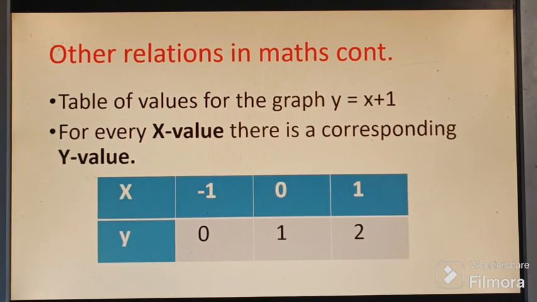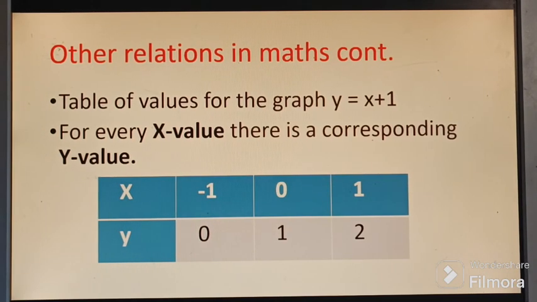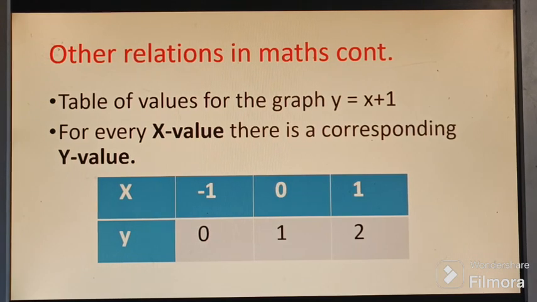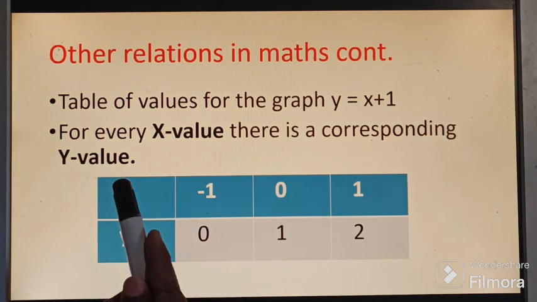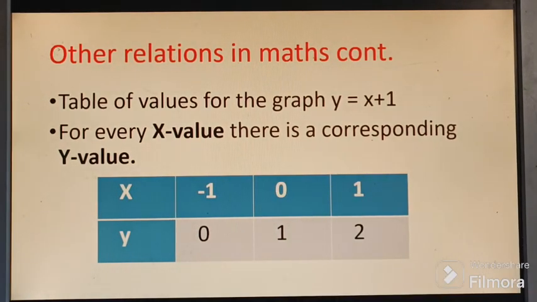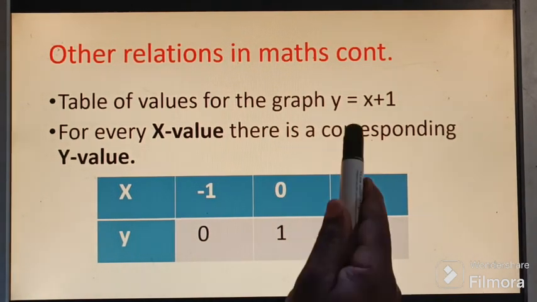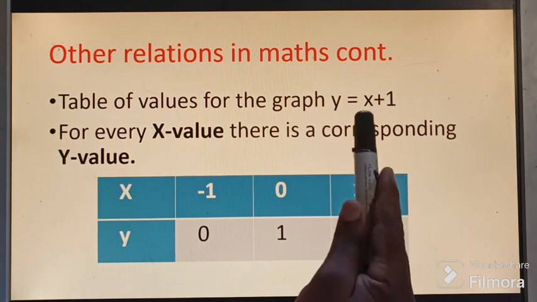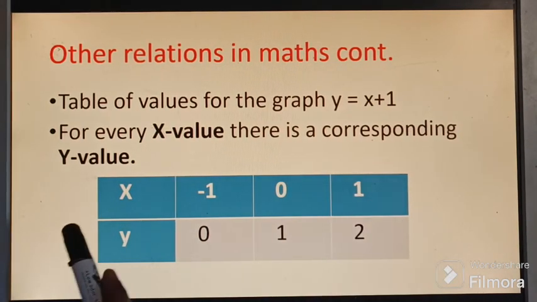So finally, let's also look at one last example of relations in mathematics. A good example is when we are putting table values of a certain graph. For example, in our case, we have the graph y = x + 1, and this is the table of values.